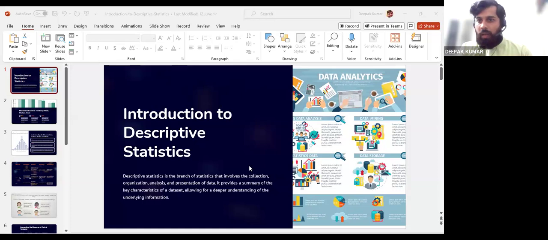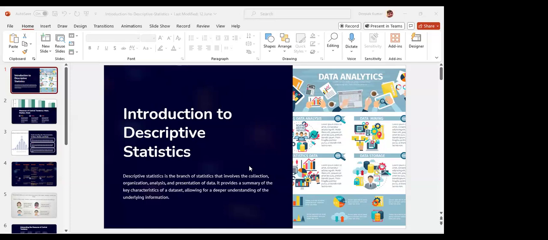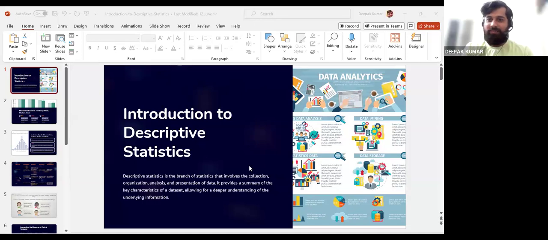I'm able to share my screen. Is my screen visible? Please respond. Yes, your screen is visible and audio is also clear. Thank you. Thank you.